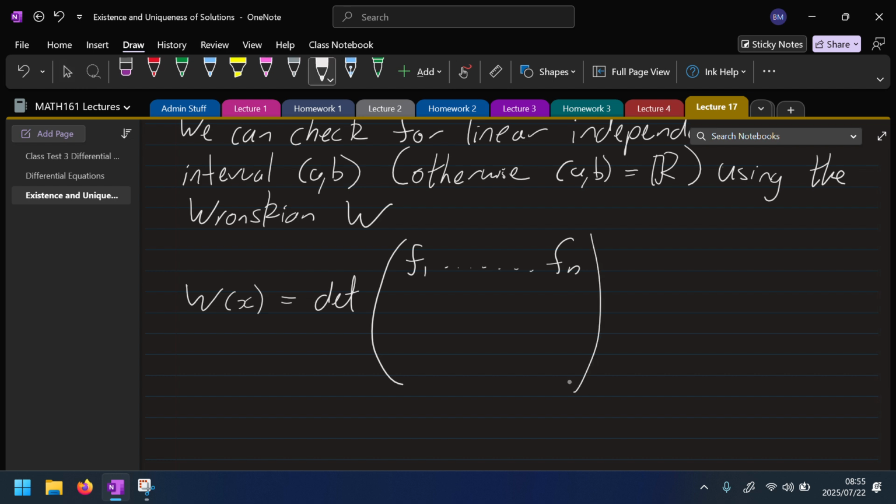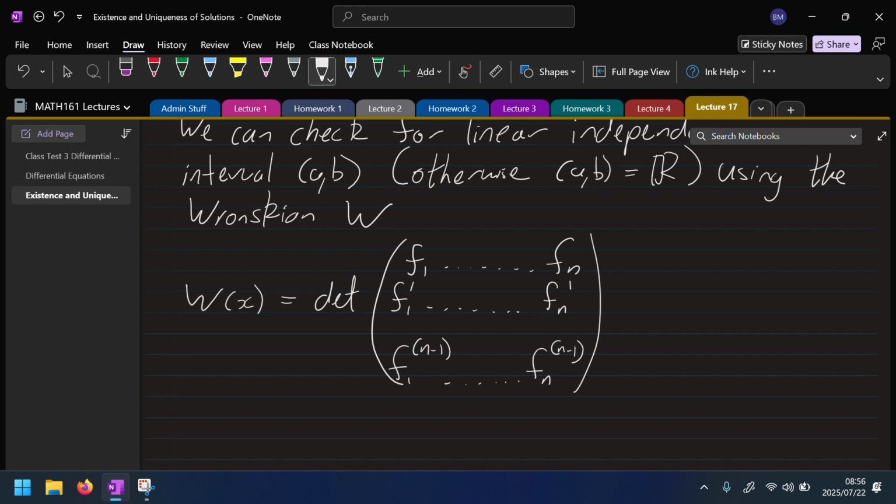Then we take the derivatives on each row. Row 1 is the functions that are given. Row 2 is the functions with the first derivative. The third row, we take the second derivative, and so on, down to the last row, where we take the n-1 derivative. Going across, we have n columns, one column for each function.